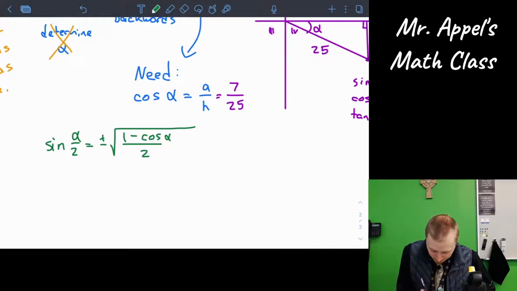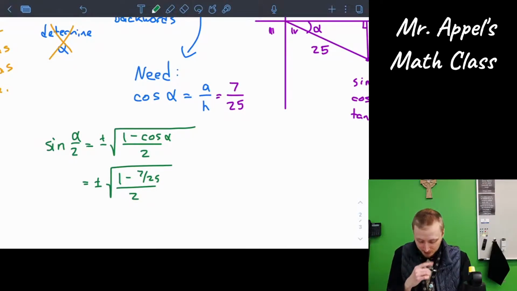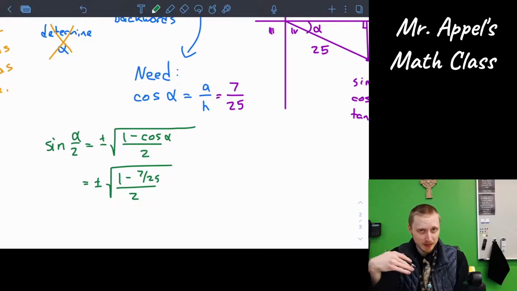So this is going to be plus or minus the square root of 1 minus 7/25 over 2. Well, 1 is automatically going to be 25/25.